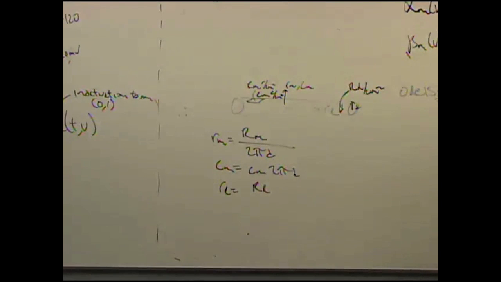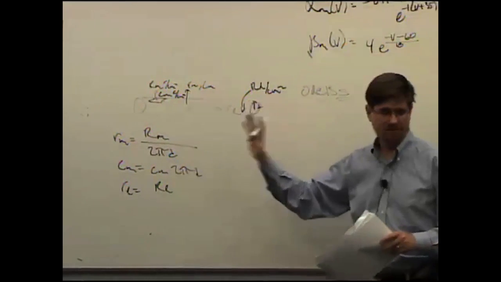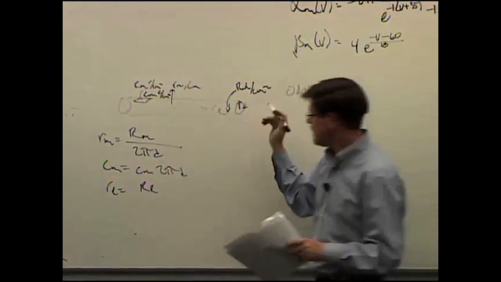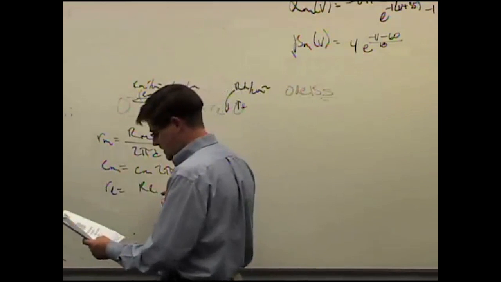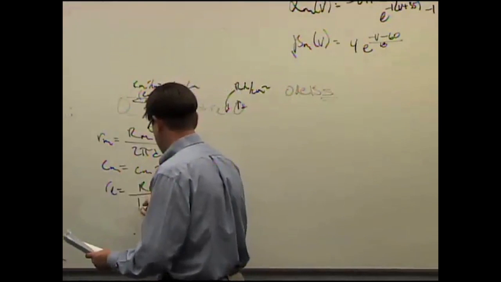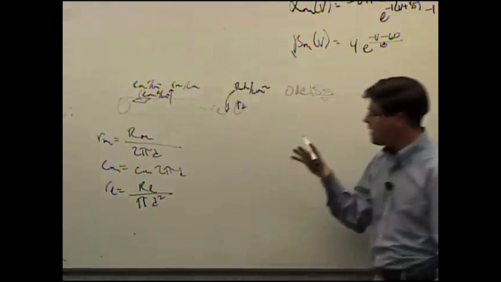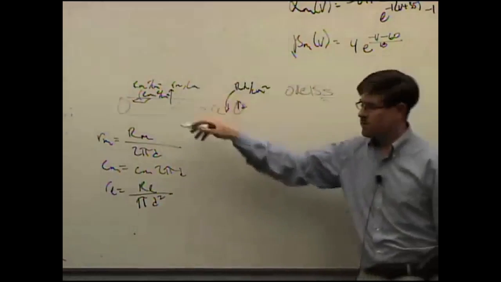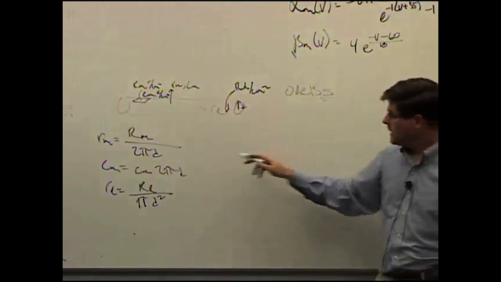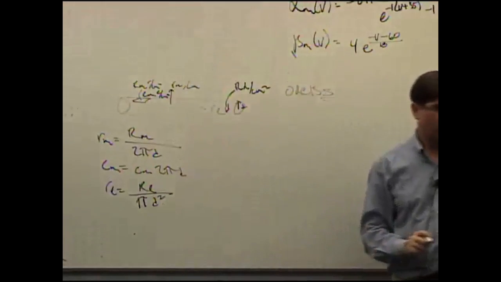This is thinking about the resistance of the fluid inside. So there's resistance across the membrane, and there's resistance along the fluid inside the cell. That's the axial resistance, which is going to be divided by pi A squared, because as the radius gets larger, the membrane surface goes up linearly, but the area goes up as a square.